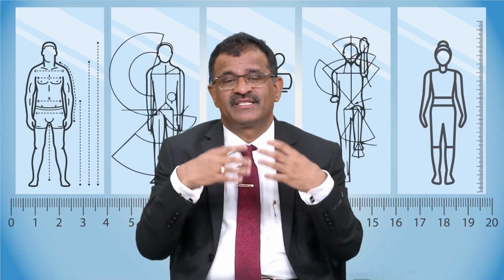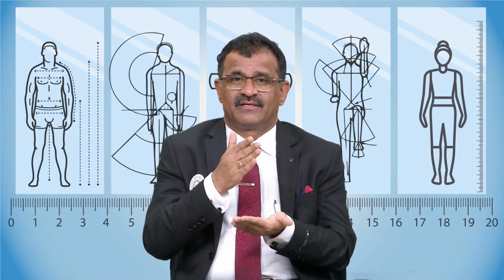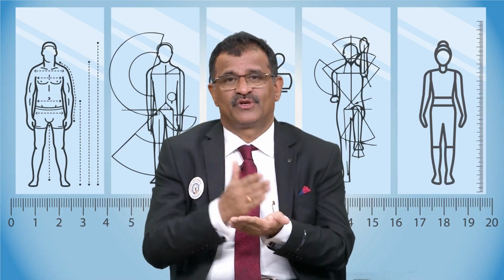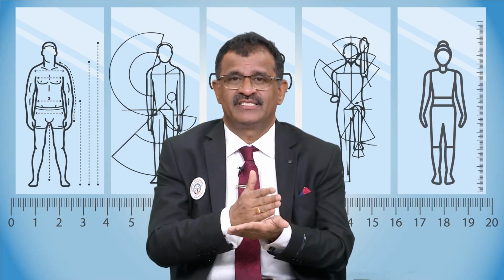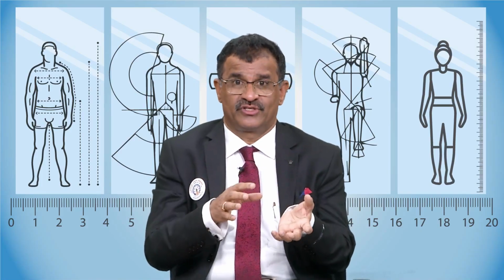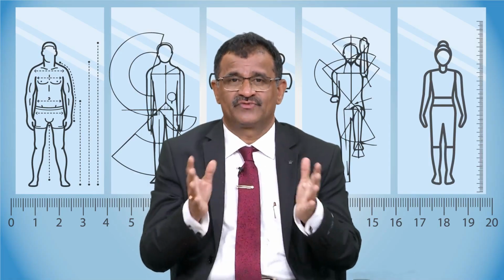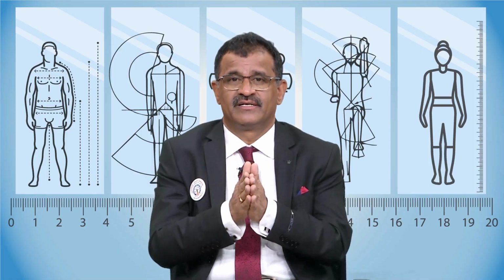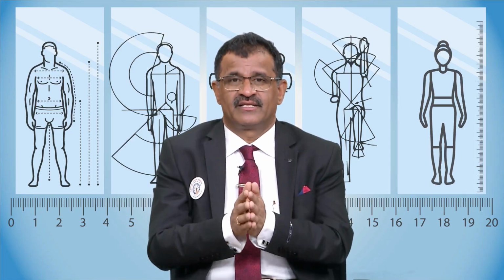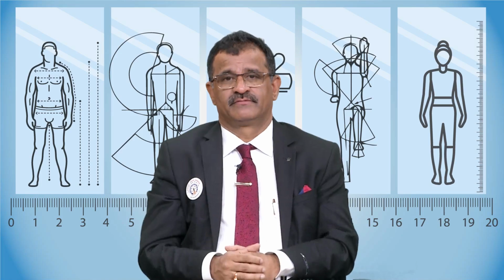So, I am repeating this again and again: nutrition is related more to physiology and anthropometry is related more to anatomy. So, anatomy and physiology go hand in hand, and that is why they are to be studied in order to understand anthropometry and anthropometric measurements.